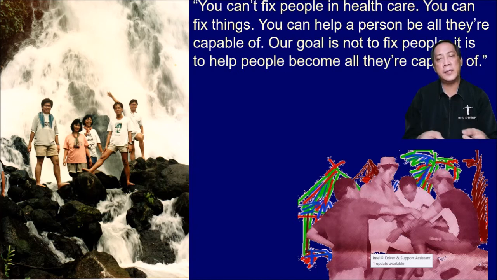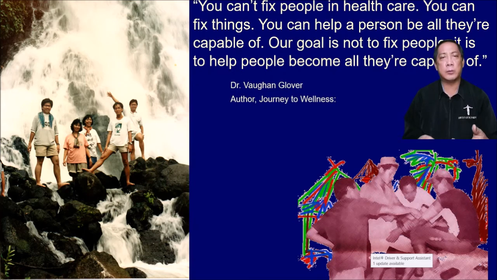We have to start thinking that we are in a community to help people become what they're capable of and become the agent of the change that they need or they want in their own community. We should not take away from the community that responsibility. Instead of taking away, what we will give is capability so that they will be able to fix, together with all the other stakeholders in the community, the health problems that they are experiencing.